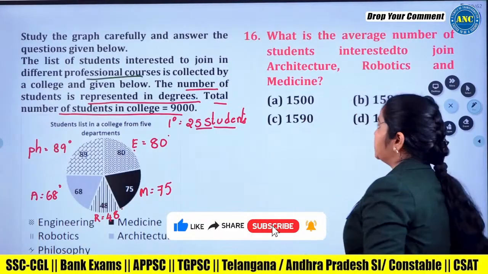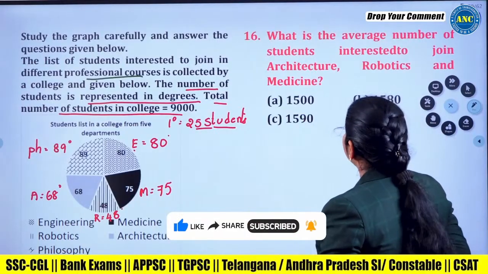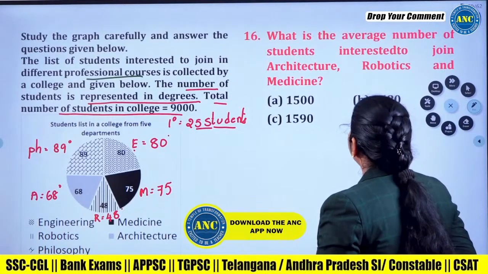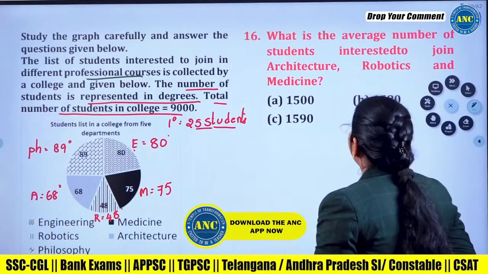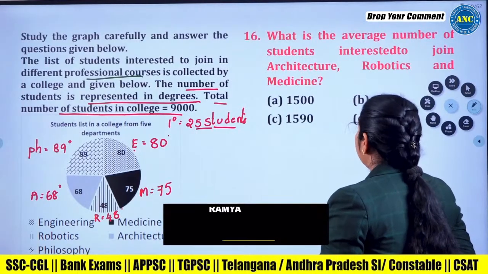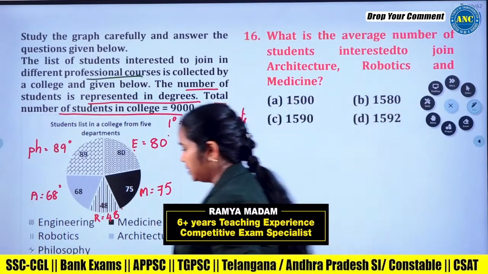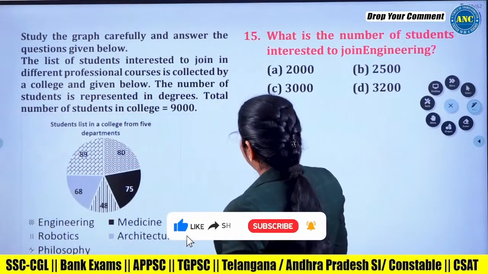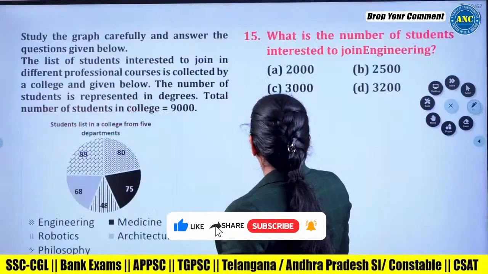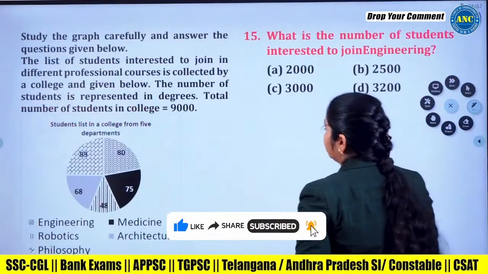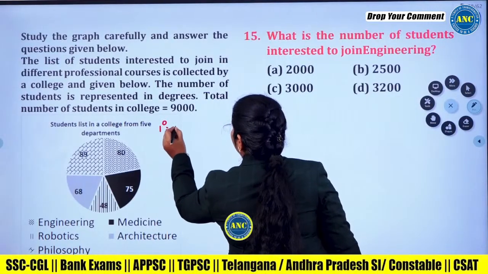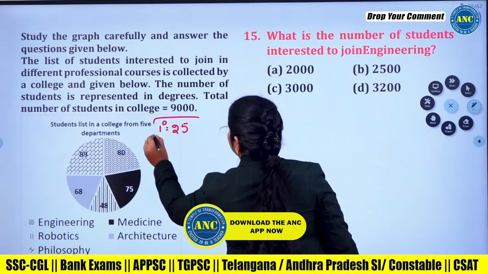Now coming back to the questions. Question number 16. What is the average number of students interested to join architecture? Is this the first question, or do we have any question before this? Okay, we have one question before this. So first let us try to solve this question. We already got 1 degree is equal to 25 students.